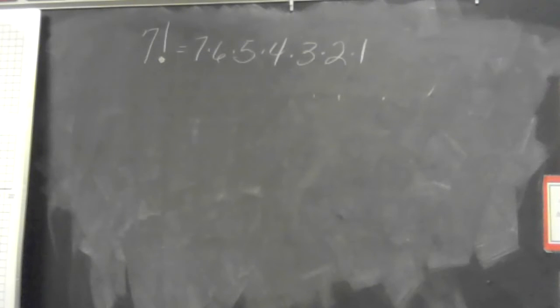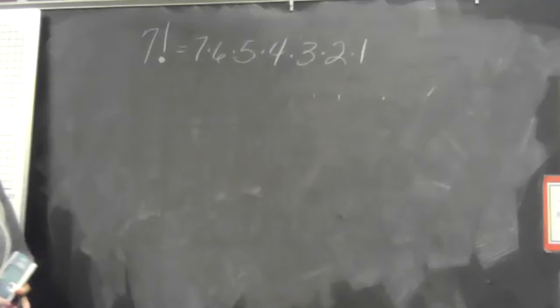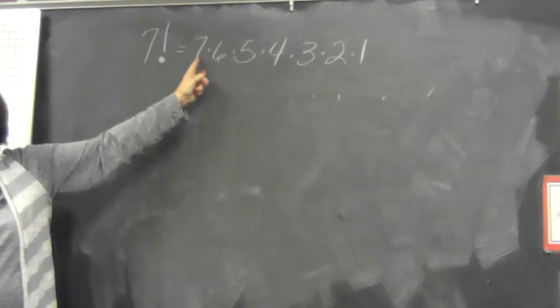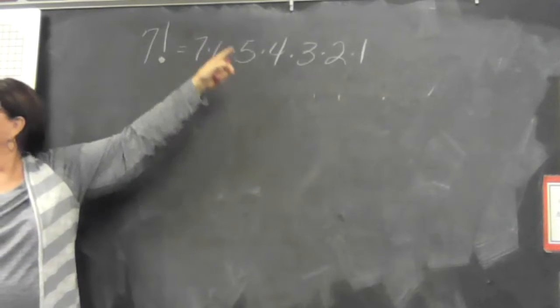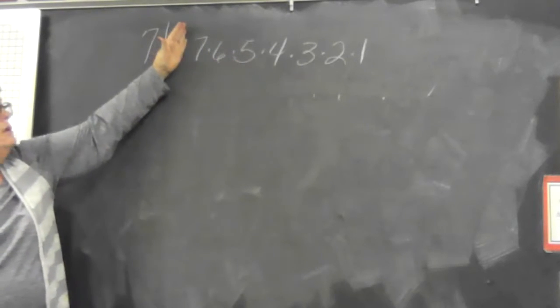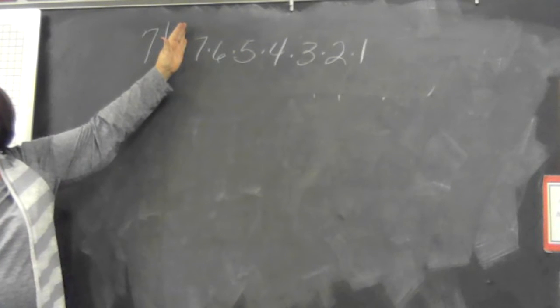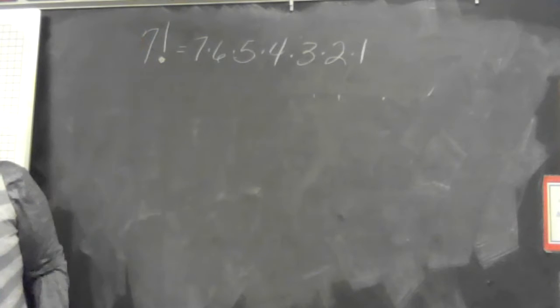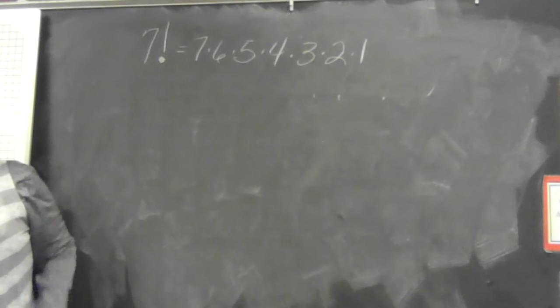Are we doing 7 times 7, 7 times 6, 7 times 5? No, you're doing exactly what's here: 7 times 6 times 5 times 4, putting it in your calculator just like this. I meant don't use the factorial in the probability menu yet.